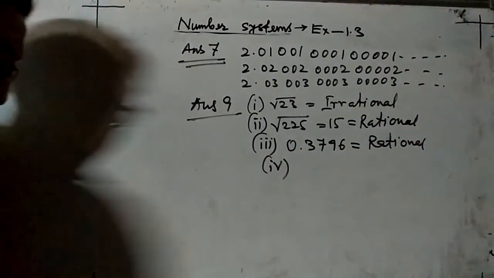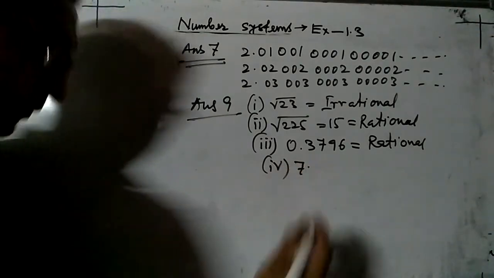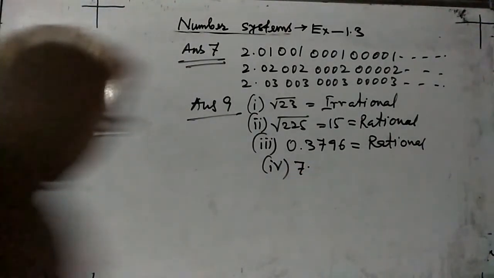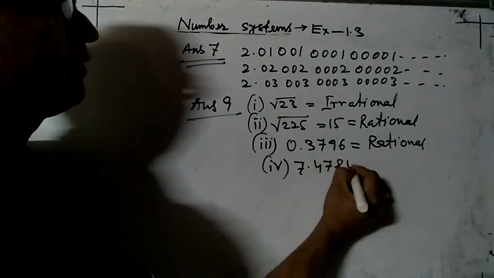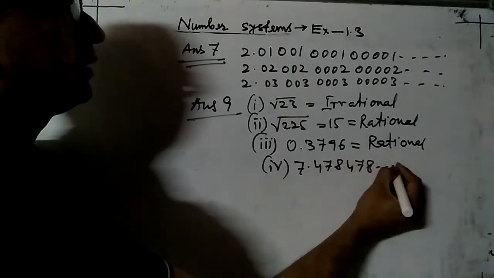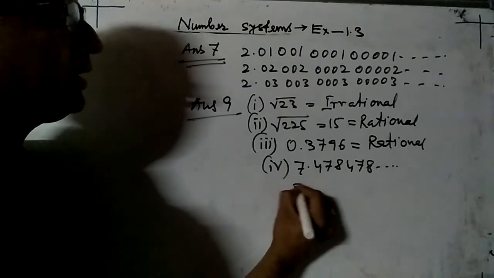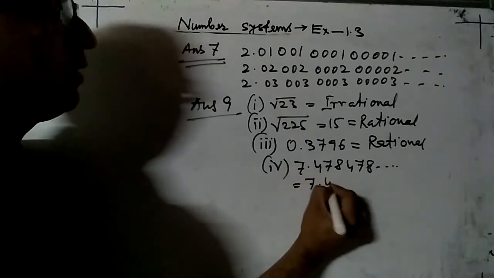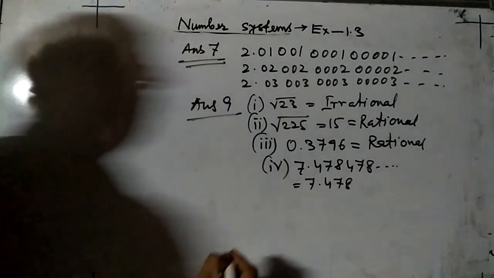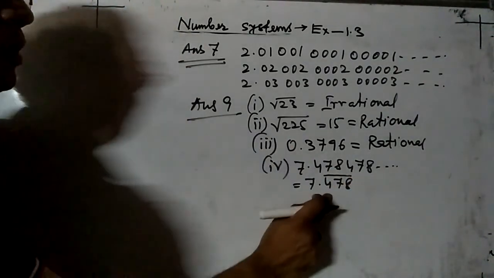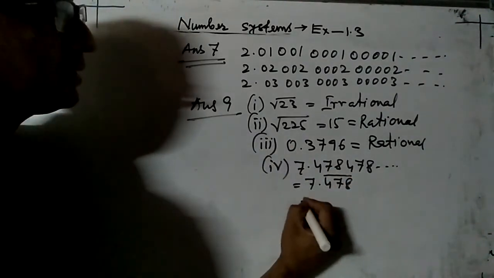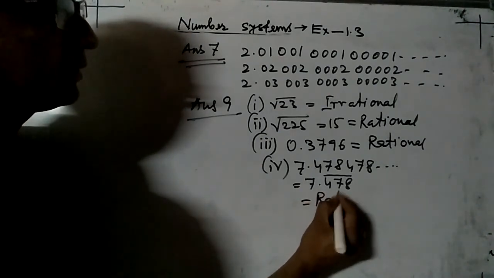Fourth one is 7.478478, like that. So this can be written as 7.478 bar. It is a non-terminating recurring decimal, so it is rational.